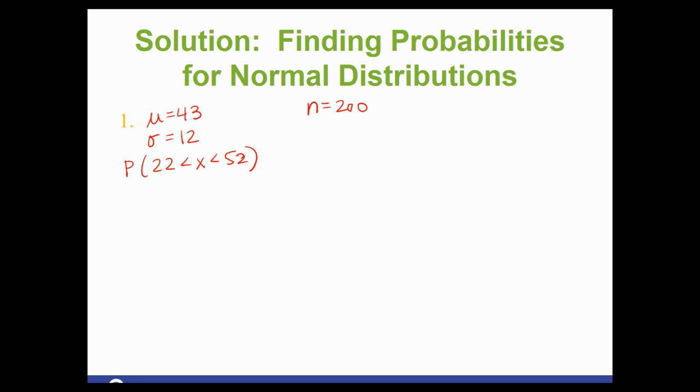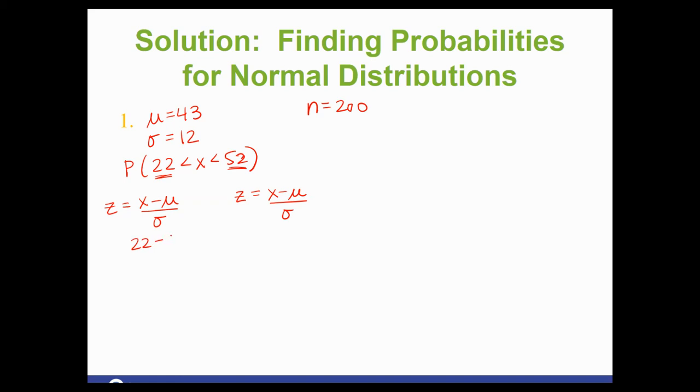So the first thing we need to do is switch this into a z-score. X minus mu over standard deviation. Now what you'll notice very quickly when you go to plug in, you have two different X's here. So that actually means you have to do this twice. Two different z-score formulas. We're going to have to switch them both into a z.